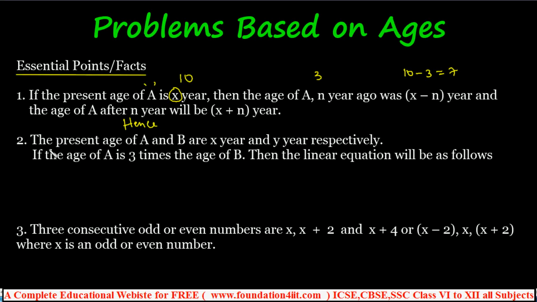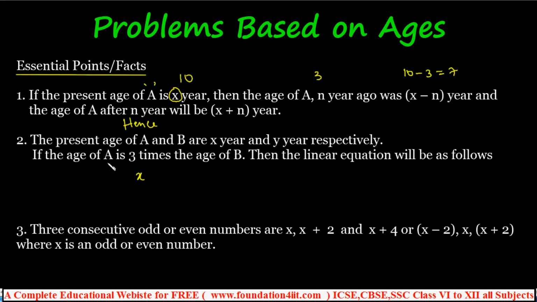And the next one. The present ages of A and B are x and y years respectively. Then if the age of A is 3 times the age of B, and the age of A is x, then the linear equation will be as follows.